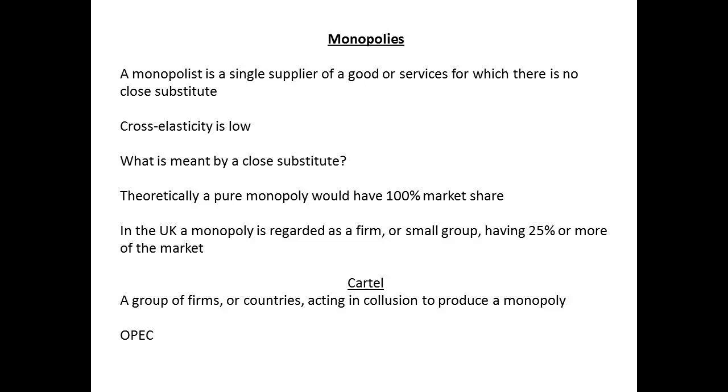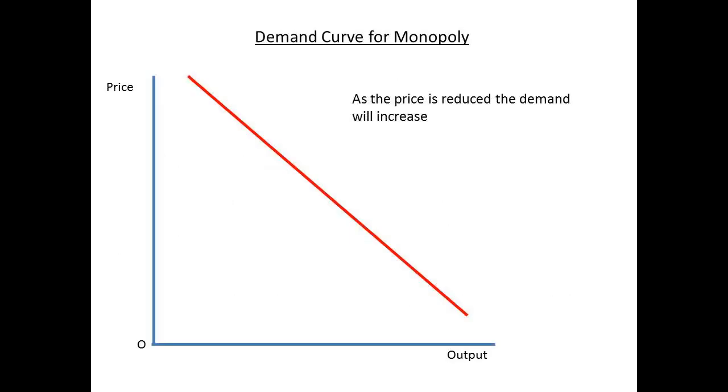If the firm has, or would gain as a result of a merger, 25% or more of the market, then it is considered a monopoly position and is regulated to some extent by the Monopolies Commission. A monopoly is different from a cartel, where a group of companies or countries come together to fix prices. Many countries, including the United Kingdom, have legislation to prevent the operation of cartels to fix prices.